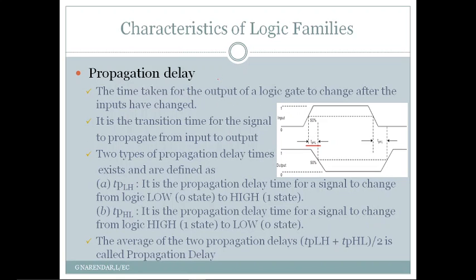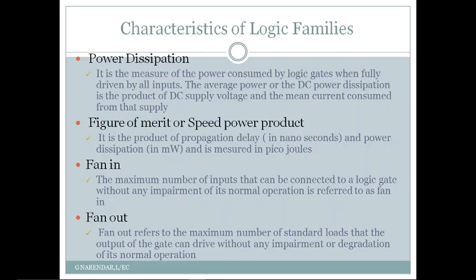Though we are saying that there is some time gap between applying the input and the appearance of the output, this delay will be in nanoseconds. So the propagation delay will be in nanoseconds for a typical logic gate. The power dissipation will be measured in milliwatts.